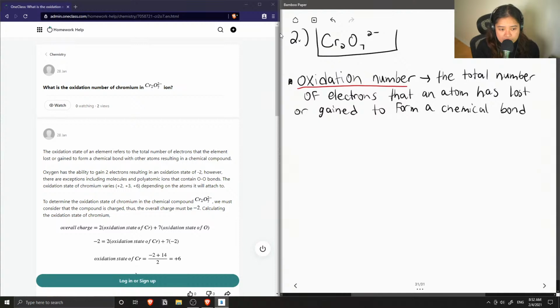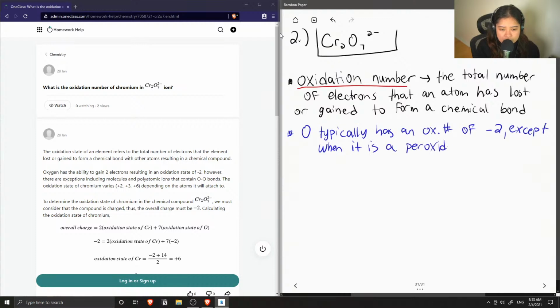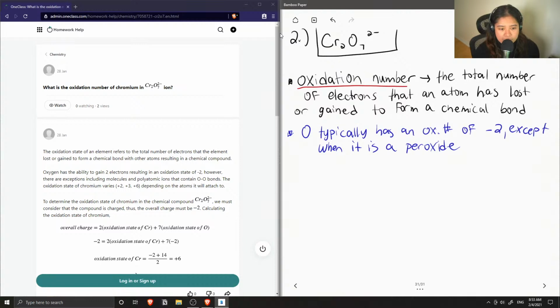For our case, one of the rules is that oxygen typically has an oxidation number of -2, except when it is a peroxide. That will be helpful for us when finding the oxidation number of chromium.